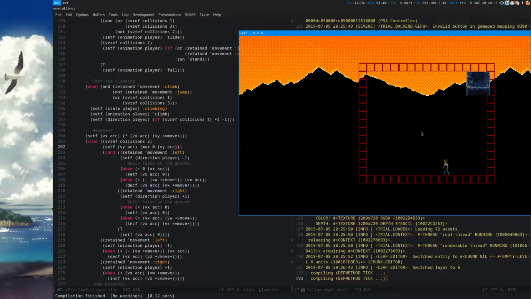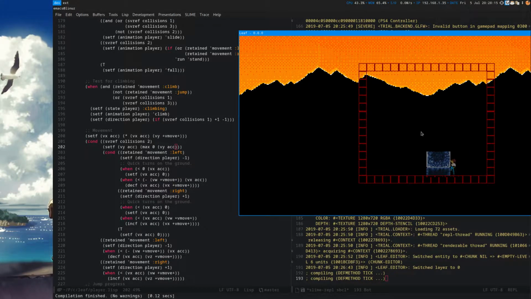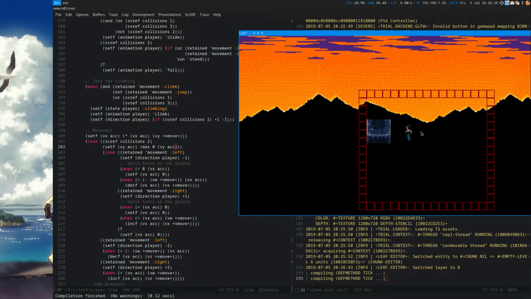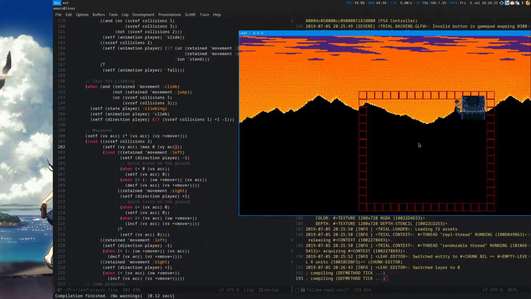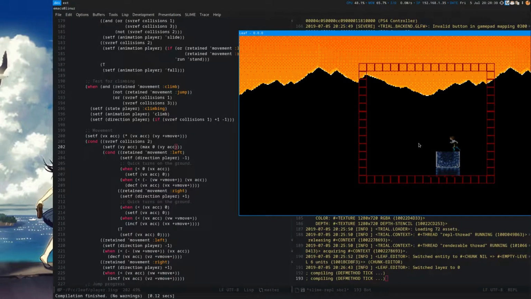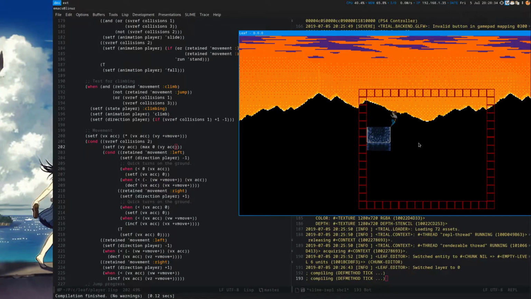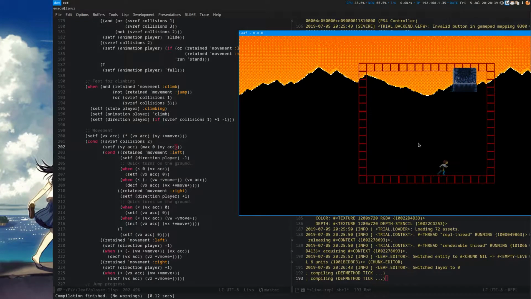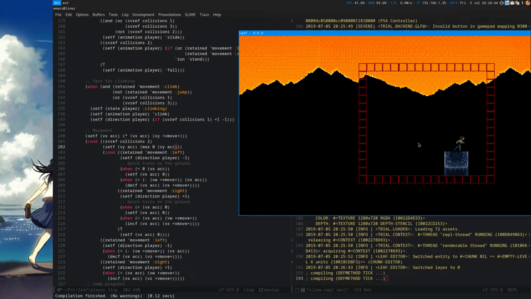Of course. Hoppity hop. Okay. At least everything else seems to work while we have constant velocity. If the block has acceleration, all bets are off.